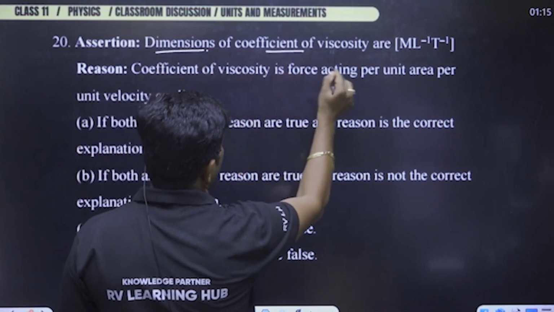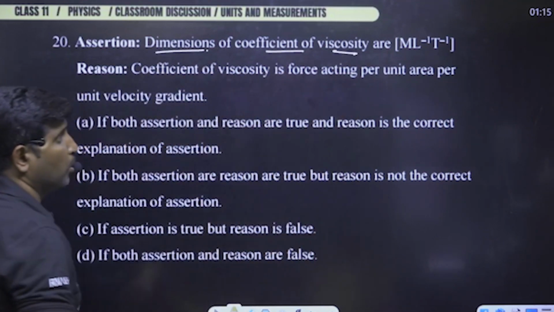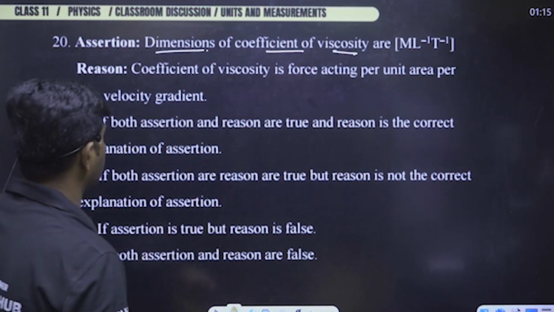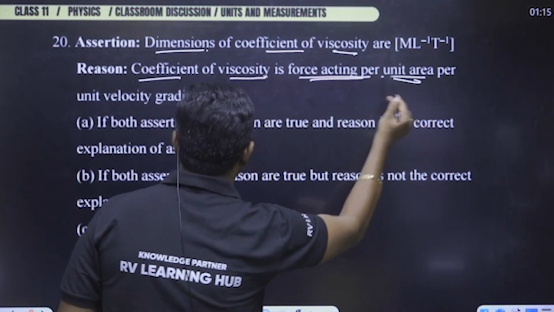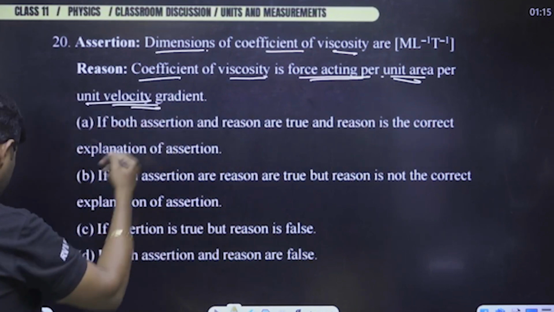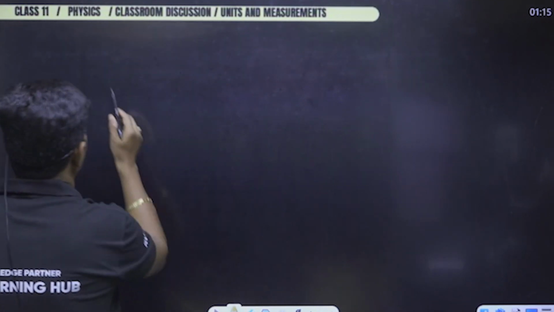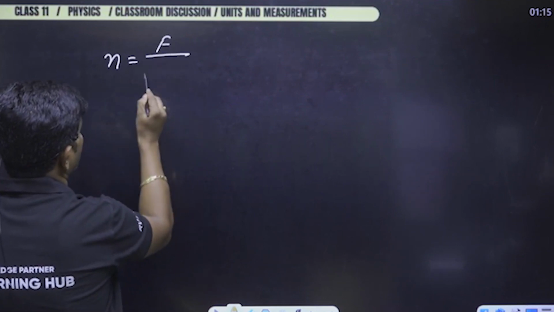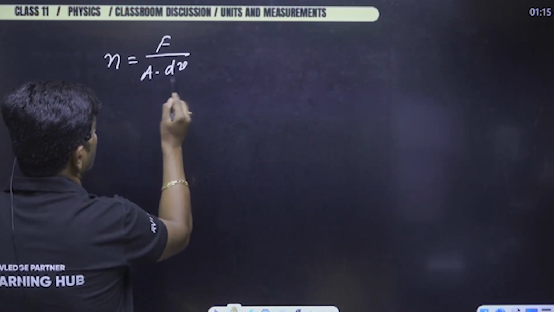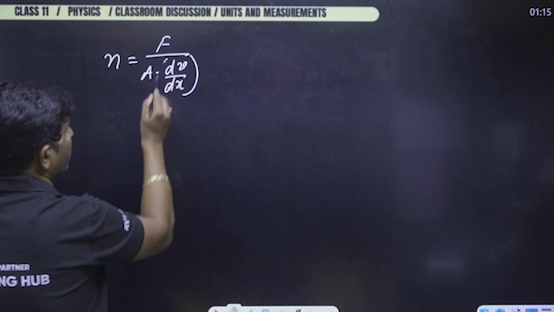Dimensions of coefficient of viscosity are M power 1, L power minus 1, T power minus 1. And the coefficient of viscosity is force acting per unit area per unit velocity gradient. So how can we simplify this? See here, coefficient of viscosity is always equal to F divided by A into dV by dx.